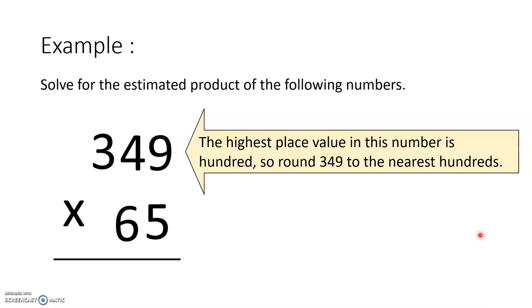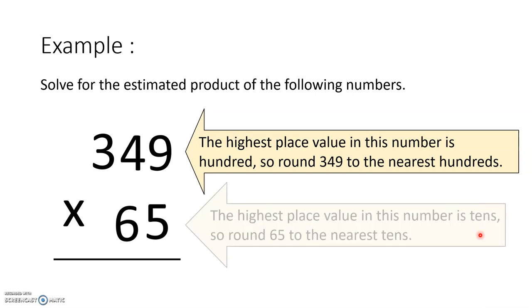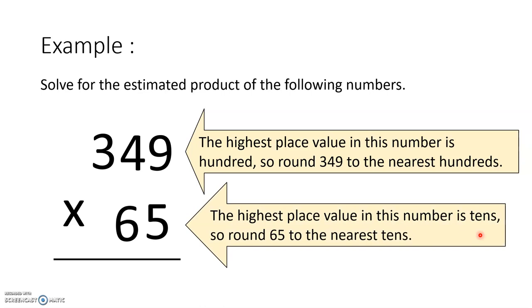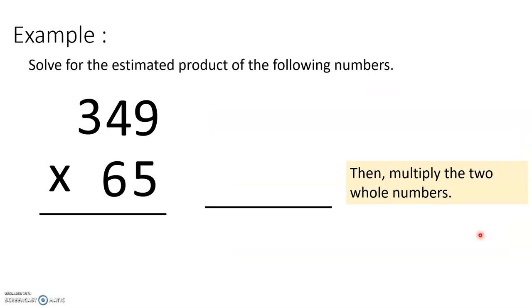So in 349, the highest place value is hundreds. So we have to round 349 to the nearest hundreds. And in 65, the highest place value is tens. So we are going to round 65 to the nearest tens.